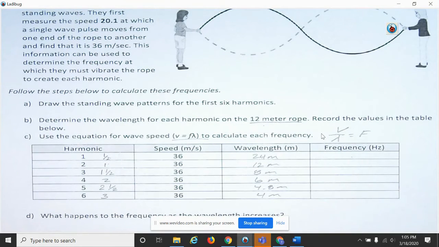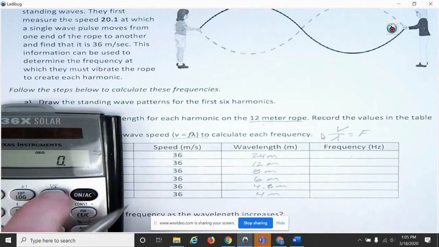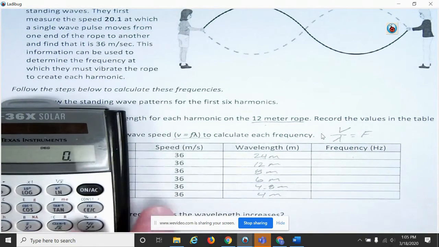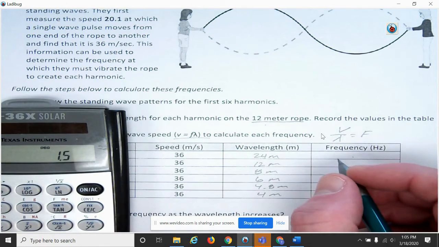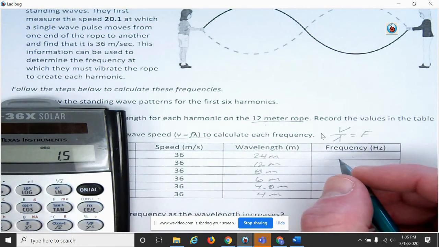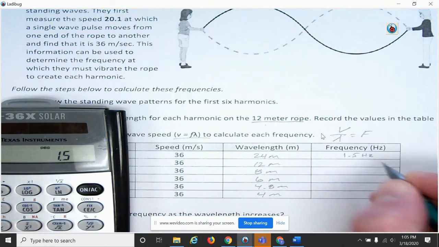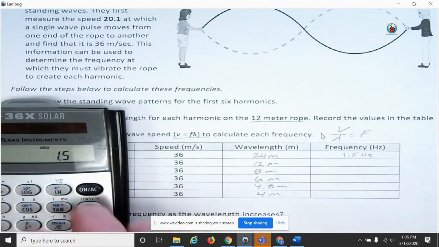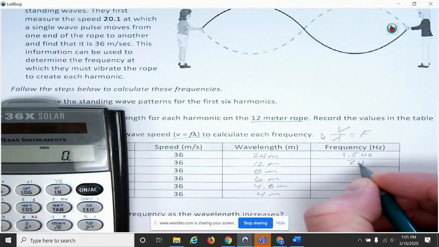If we plug some of these numbers in, 36 divided by 24 equals 1.5. That's going to be in hertz. Then 36 divided by 12 is 3 hertz.